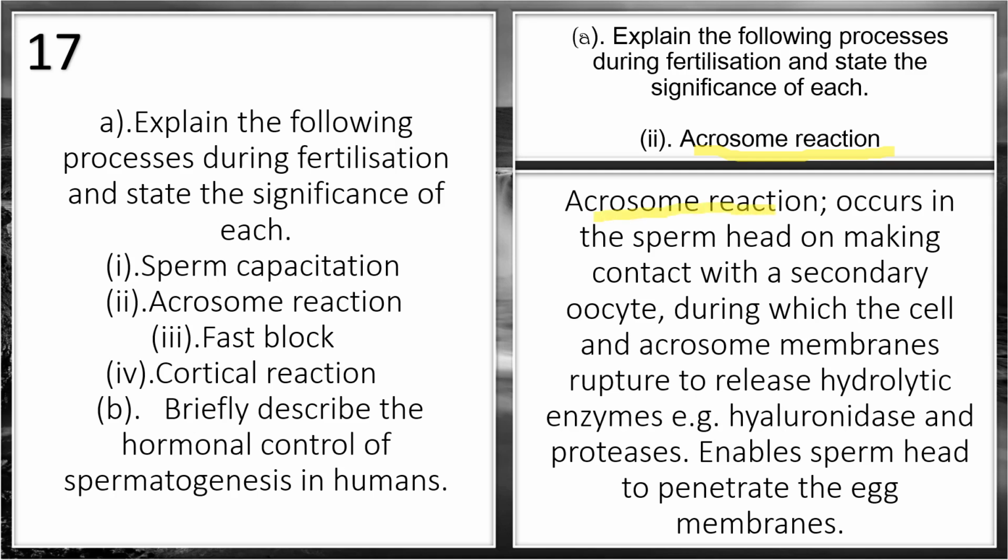Acrosome reaction occurs in the sperm head on making contact with the secondary oocyte, during which the cell and the acrosome membranes rupture to release hydrolytic enzymes, for example, hyaluronidase and protease. This enables the sperm head to penetrate the egg membranes.